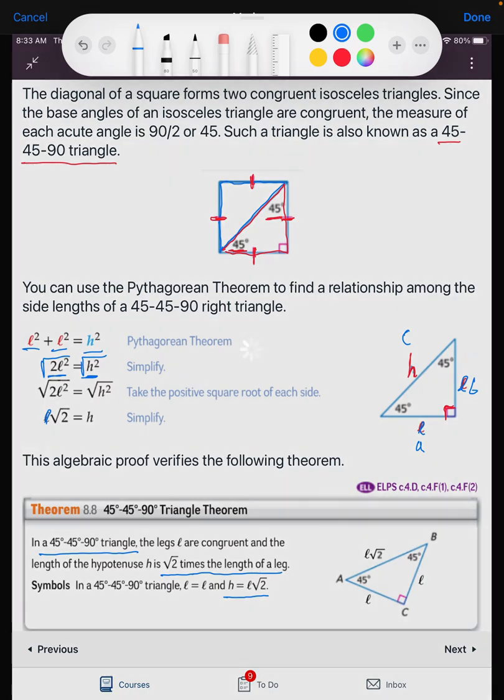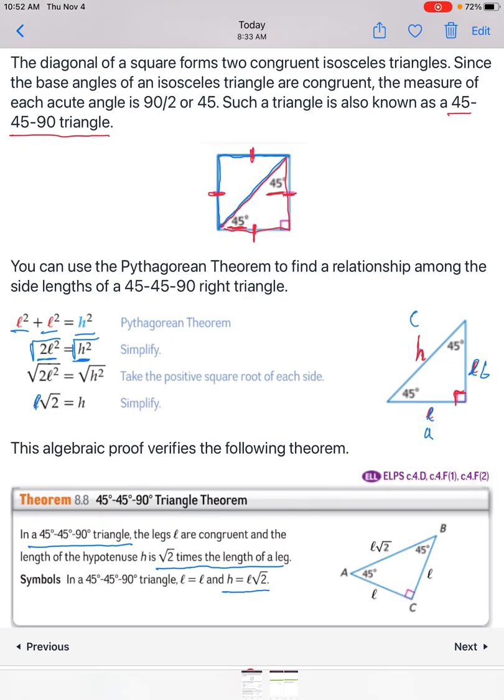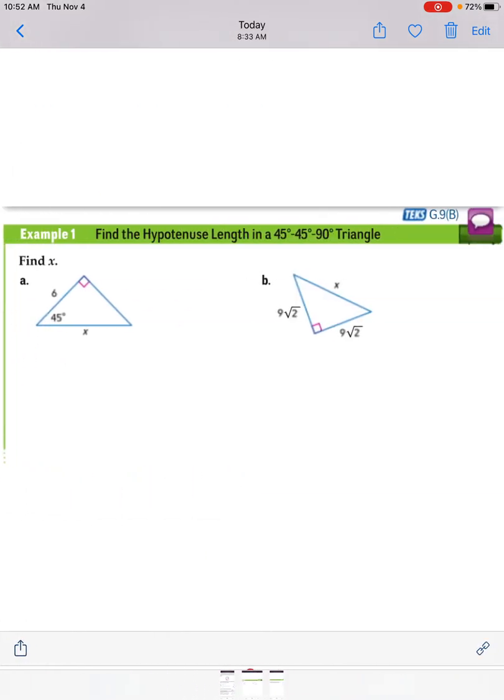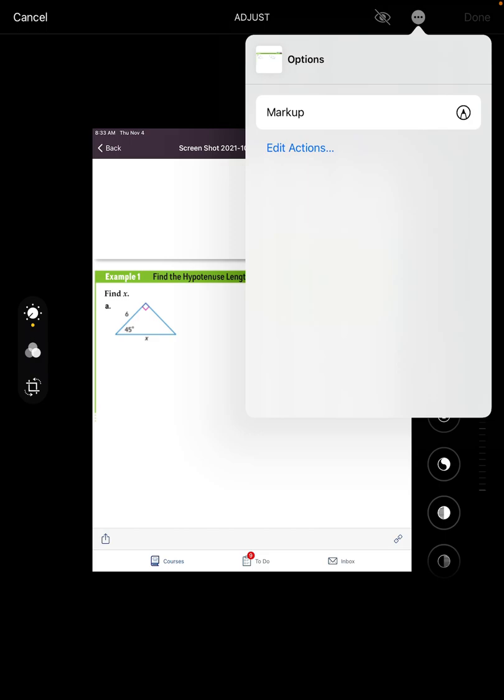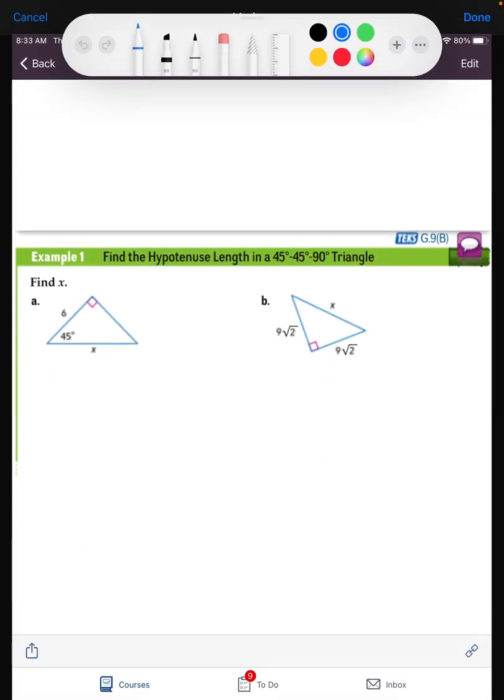Let's take a look at a couple examples. This one says, find the hypotenuse length in a 45, 45, 90 triangle. Since we know we have a 90 degree angle here and 45 degrees here, this angle must be complementary to the angle of 45, since it's a right triangle. So this angle equals 90 minus 45, which equals 45.